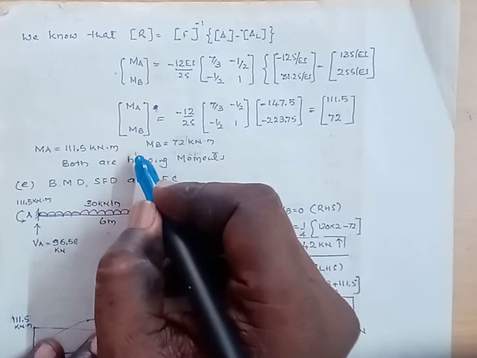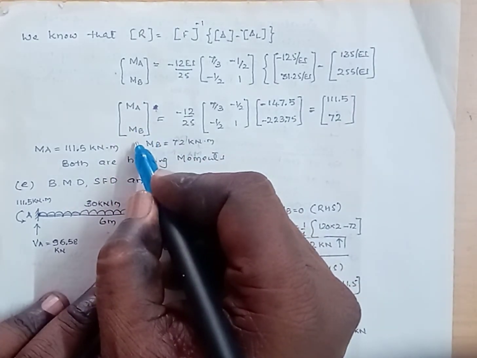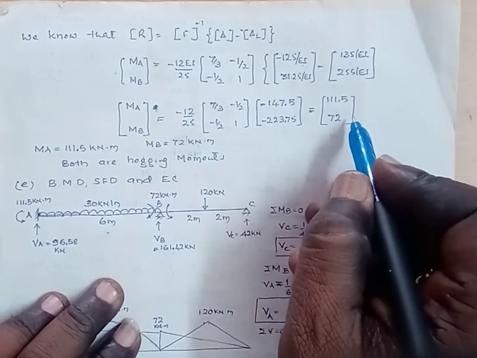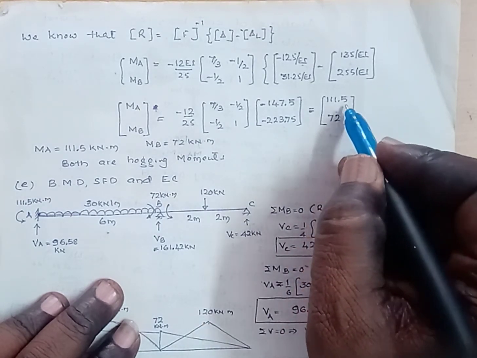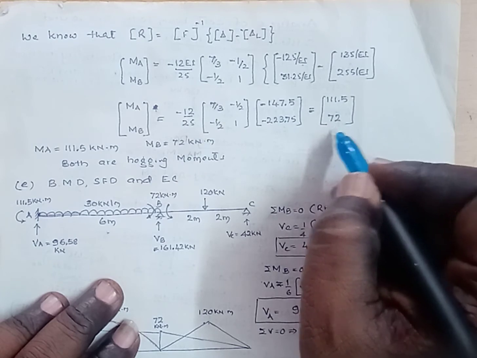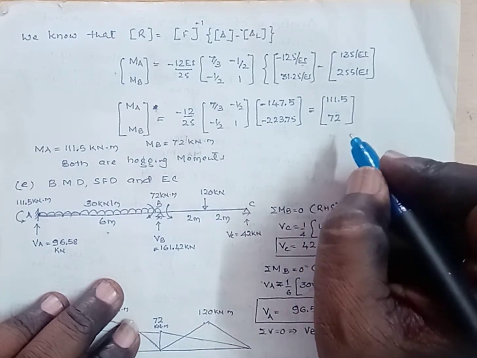After simplification, MA and MB are the redundants, that is you will get the redundant matrix as 111.5 and 72, and the order of the matrix is 2 by 1.